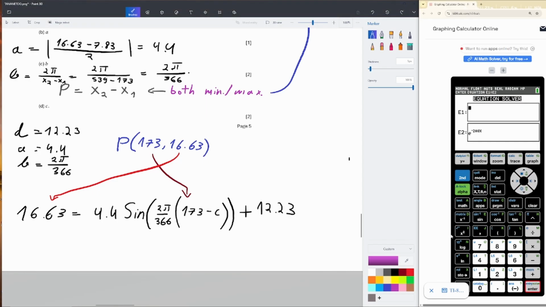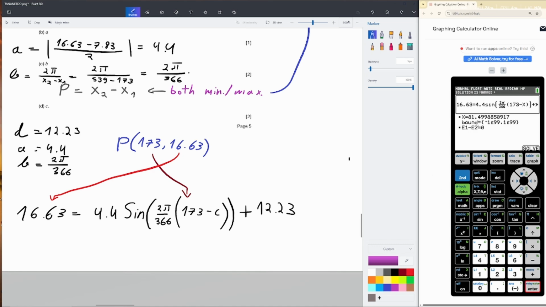And then we go to the numerical solver, we put that 16.63 is equal to, let's clear, 4.4 sin brackets 2, where's pi? 2π divided by 366, 173 minus x, because we're searching for c, and then plus 12.23. Now you have your function, alpha and solve, and then you get your answer.